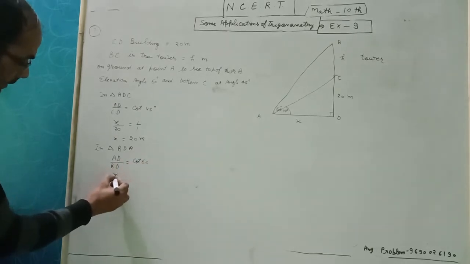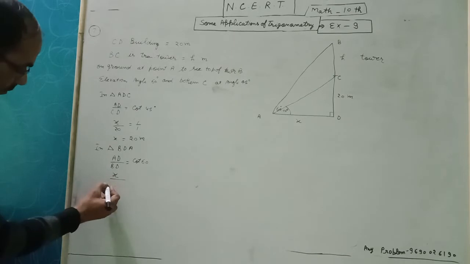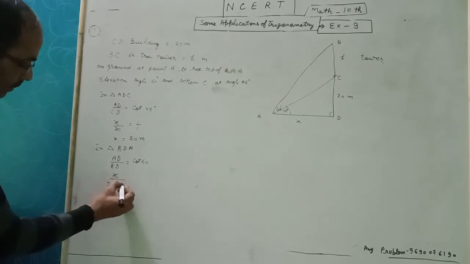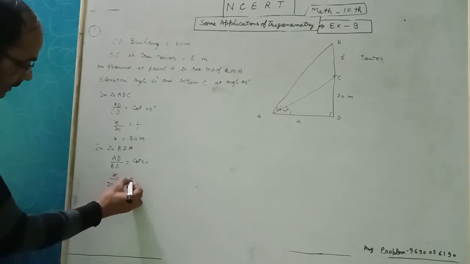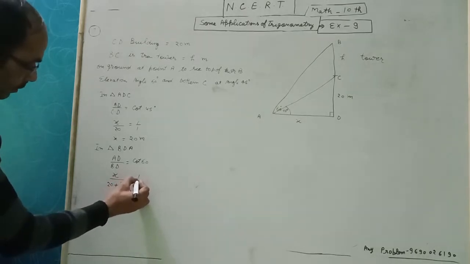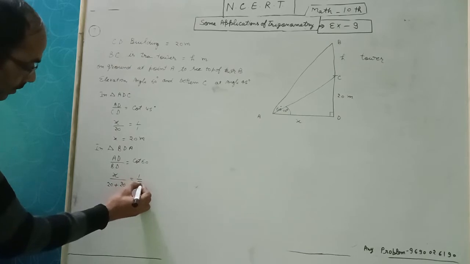AD value X upon BD value, which will be H plus 20, is equal to cot 60 value 1 upon under root 3.